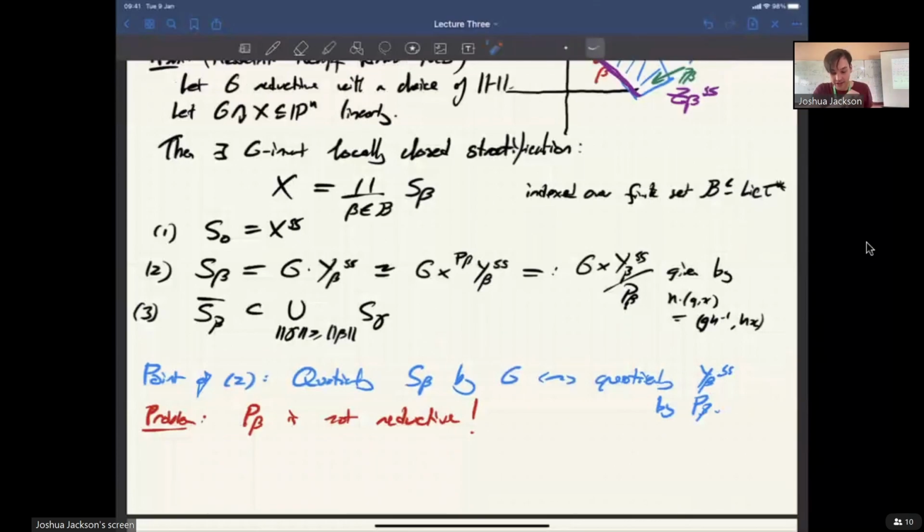The quotient that is difficult is the quotient of Y beta SS on its own by P beta. That's the point. There's also a version of this statement in terms of quotient stacks, which says that the quotient stack of this by G is equivalent to the quotient stack of Y beta SS by P beta. But I really like this just because this is the original way it was written.